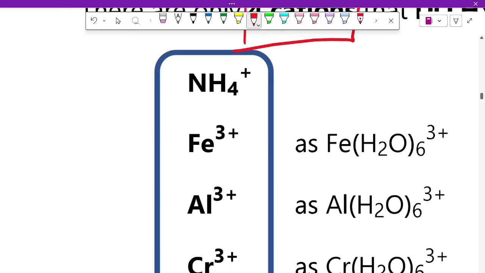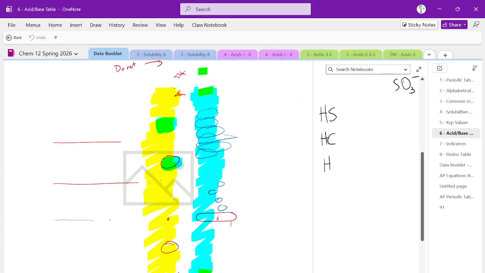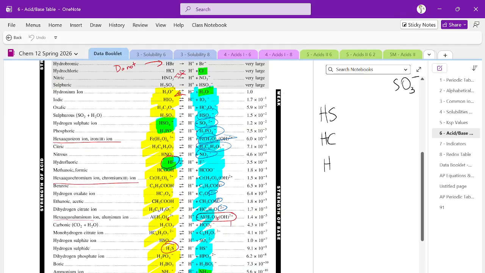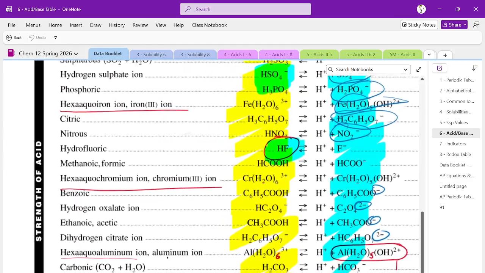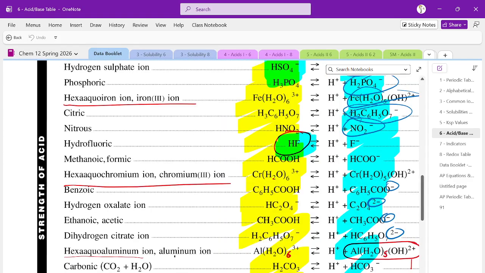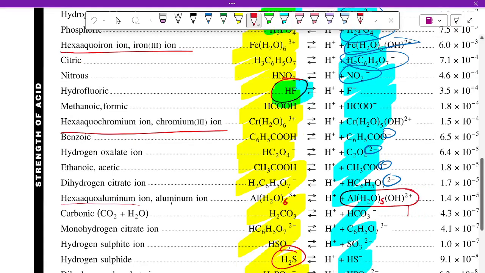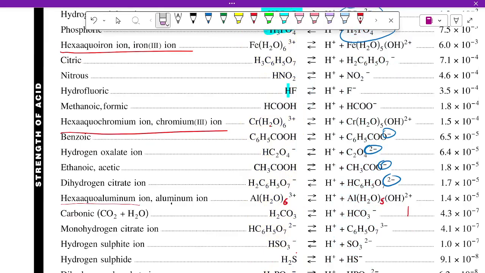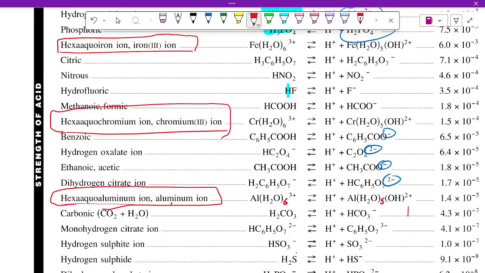If you look on your acid table, let's go grab that. There are 3 acids that have big, long names. We have big, long name number 1, number 2, and number 3.